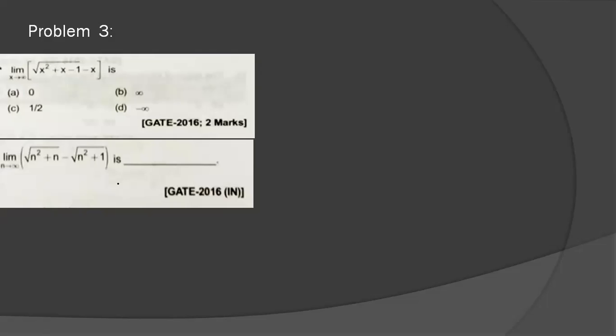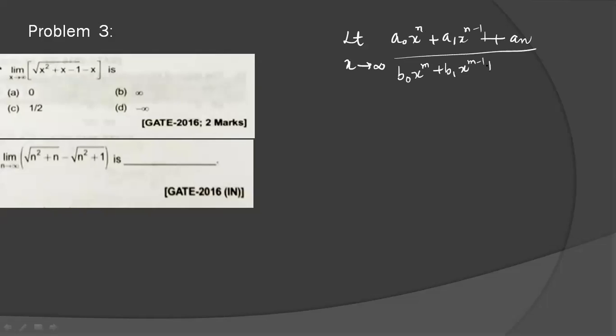Third question. I am dividing it in two parts, and remember one result I told you. Limit x tending to infinity of (a naught x to the power n plus a1 x to the power n minus 1 plus ... plus an) upon (b naught x to the power m plus b1 x to the power m minus 1 plus ... plus bm).